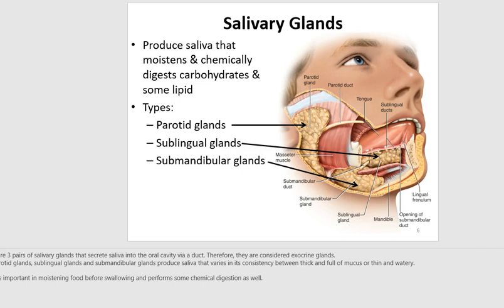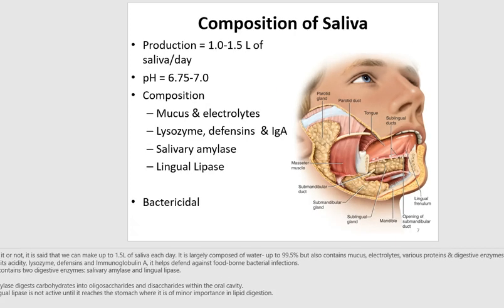So let's look at what saliva is made up of. Believe it or not, it's said that we can make up to 1.5 liters of saliva each day. That's a lot. It's largely made up of water, up to 99.5%, but it also contains mucus, electrolytes, various proteins, some digestive enzymes, and it's acidic at a pH of 6.75 to 7.